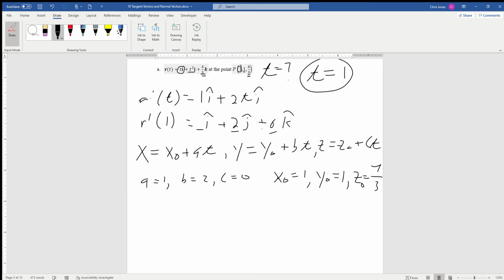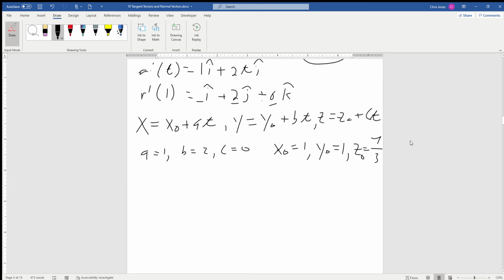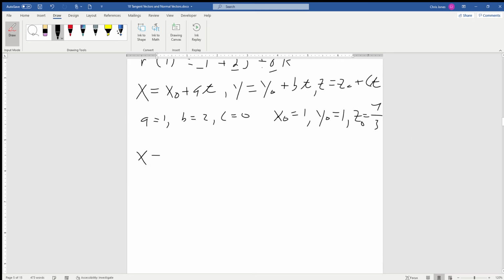And we're just going to substitute directly back into the parametric equations. So x is going to be equal to 1 plus 1t. y is going to be equal to 1 plus 2t. And then z is going to be equal to 4/3 plus 0t.